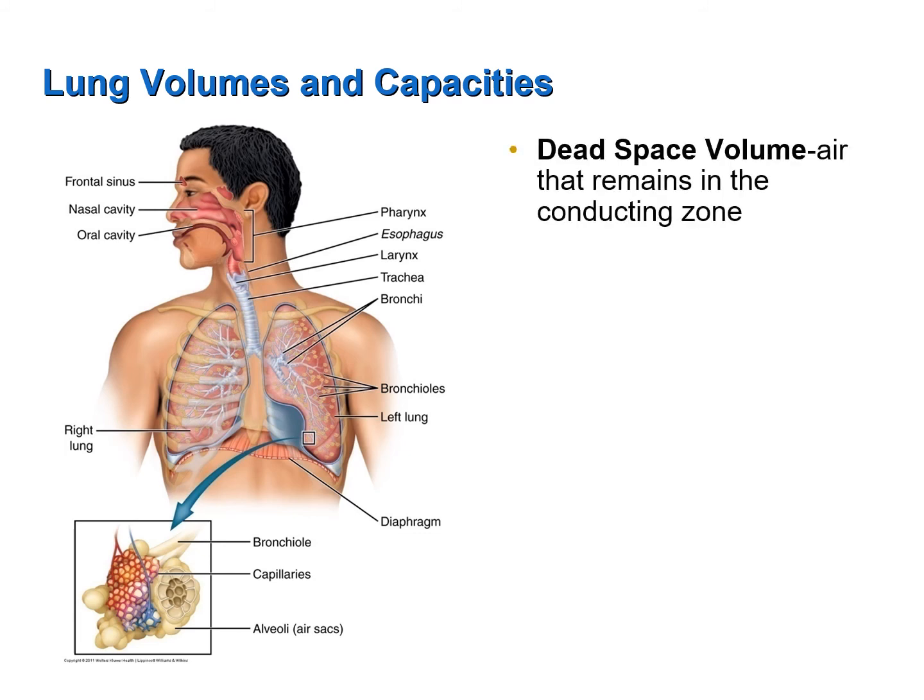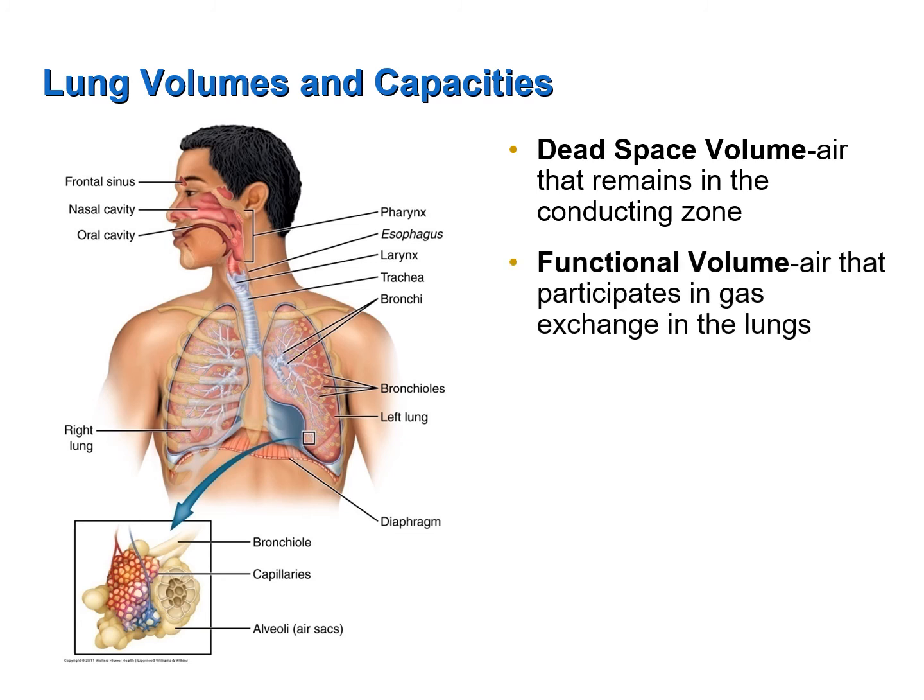The air that remains in the conducting zone is referred to as the dead space volume, and typically it's around 150 milliliters. The air that actually gets to the alveoli of the lungs and therefore participates in external respiration is called the functional volume. So again, this is the air that you inhale that actually participates in gas exchange.